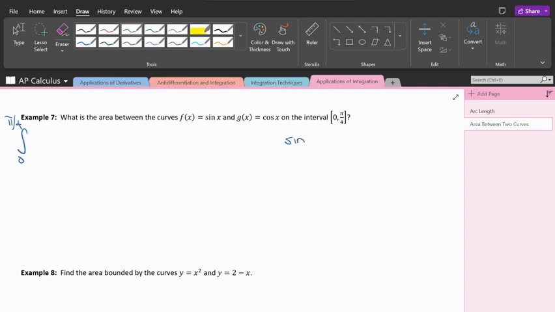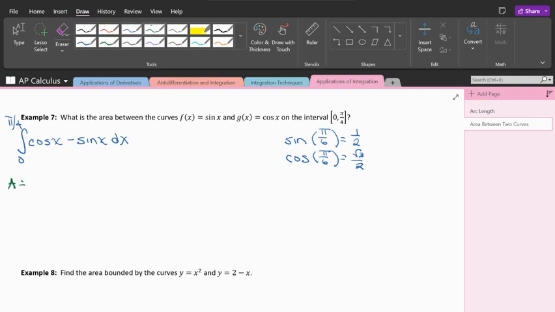I know that pi/6 is between 0 and pi/4. So the sine of pi/6 is going to be 1/2. The cosine of pi over 6 I know is square root of 3 over 2. And so I know that the cosine function is going to be the upper function. So we're going to subtract cosine x minus sine x.